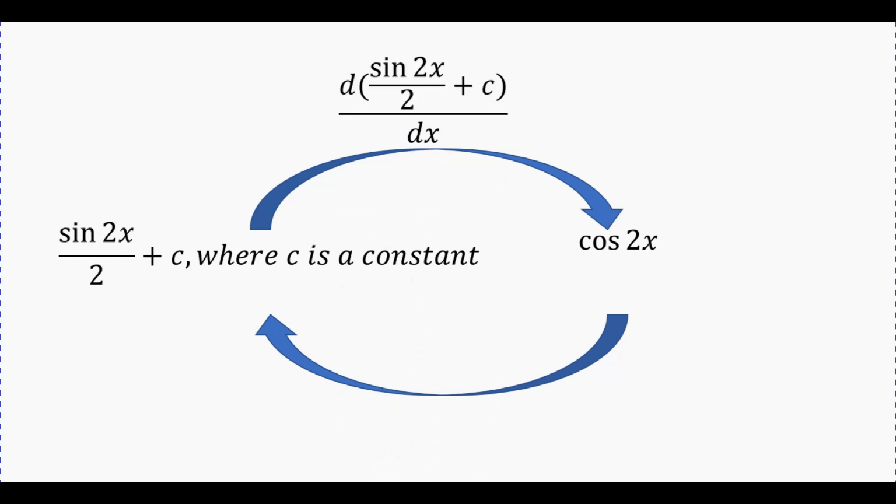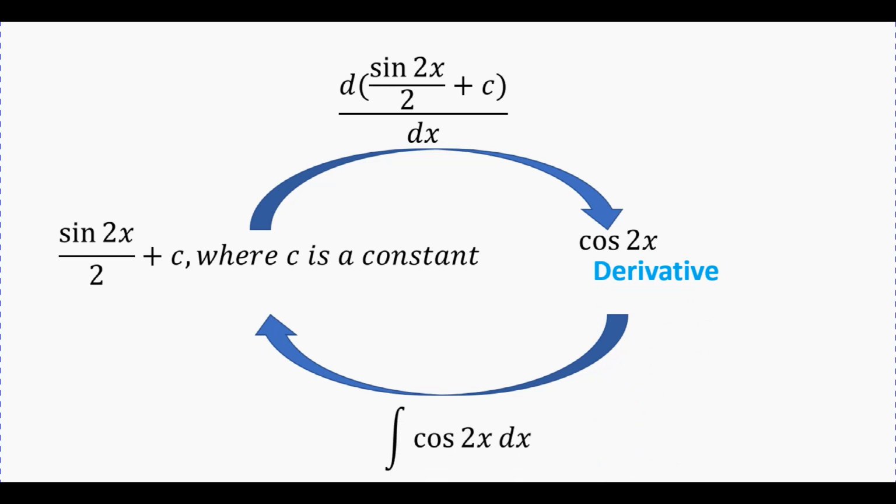First of all, from left to right, you try to differentiate them. You just apply some basic differentiation rules, and you are going to get cos 2x from the differentiation. How about going back? By differentiation, you get the derivative.